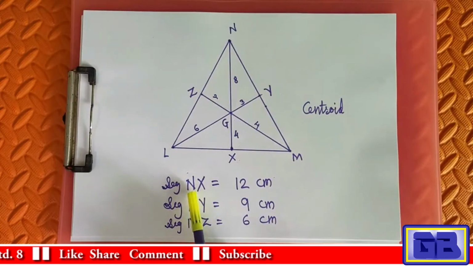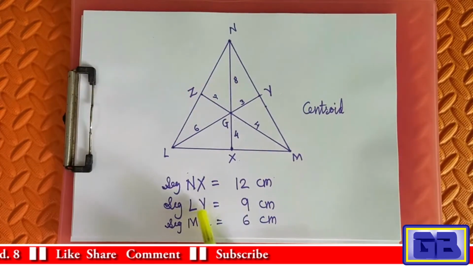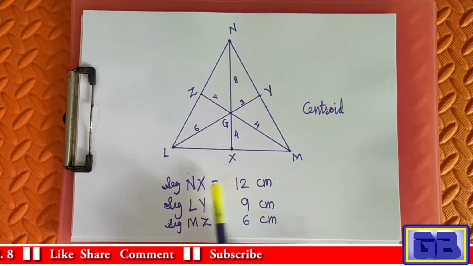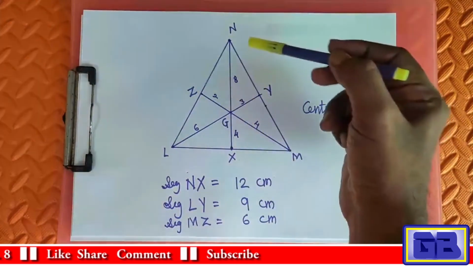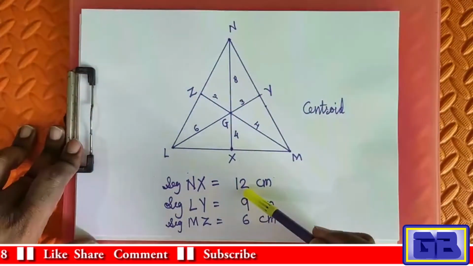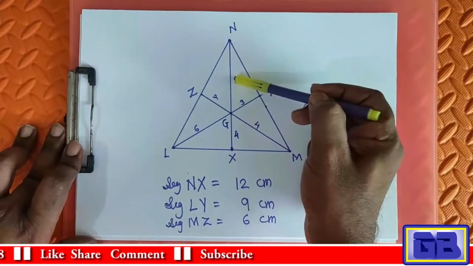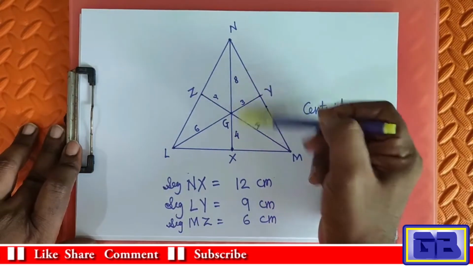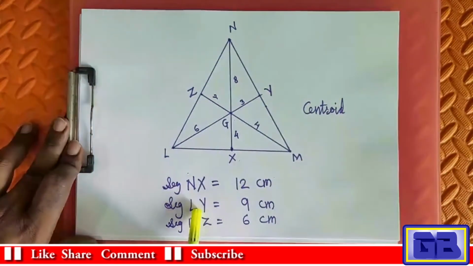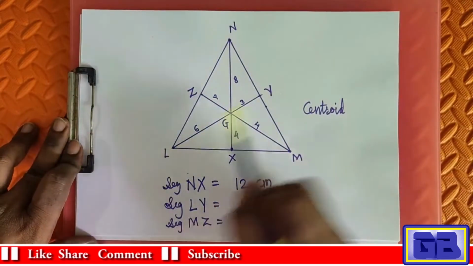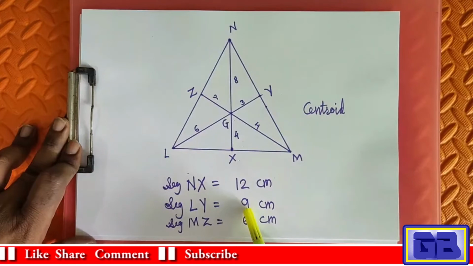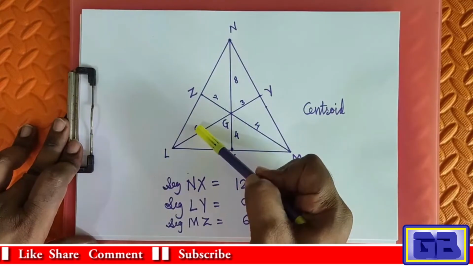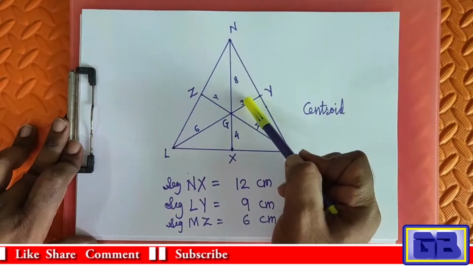Pay attention. We have considered median NX is 12 centimeter, segment LY 9 centimeter, segment MZ 6 centimeter. If like these segments will come for these medians, then first NX, if it is 12 centimeter, NG must be 8 centimeter and GX must be 4 centimeter. 8 plus 4 is 12. Now for median LY, total measurement is 9 centimeter, then LG must be 6 centimeter and GY will be 3 centimeter.